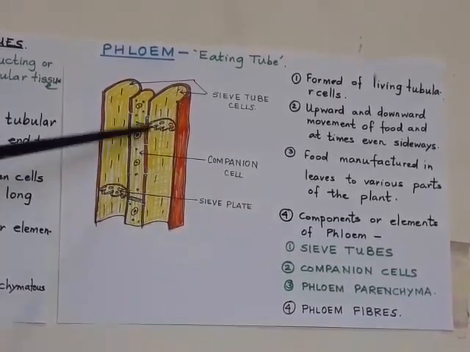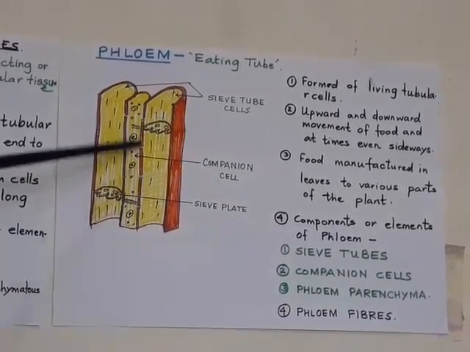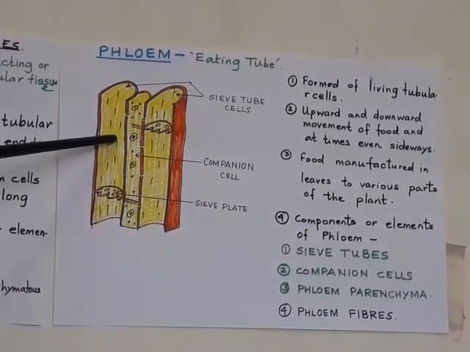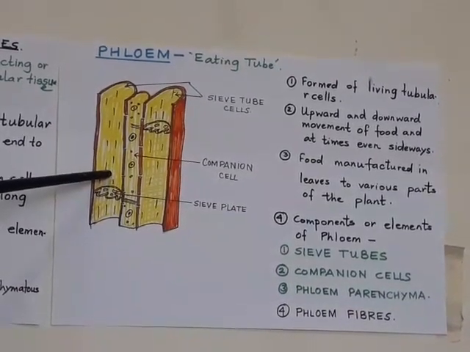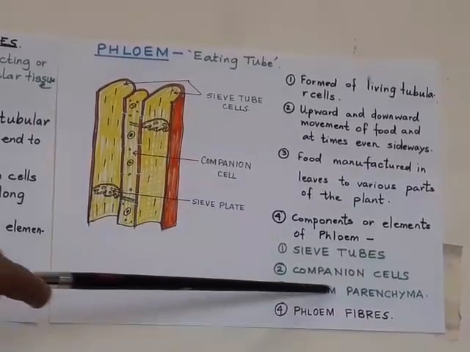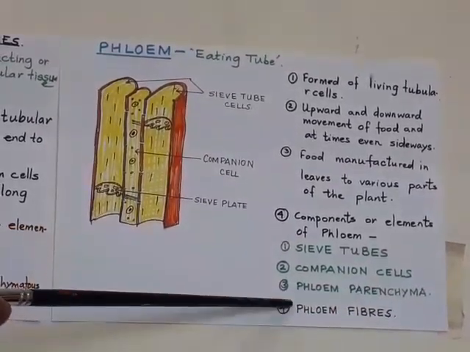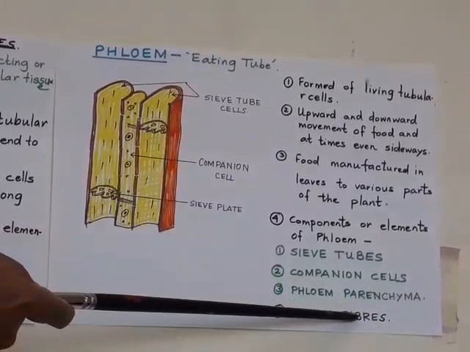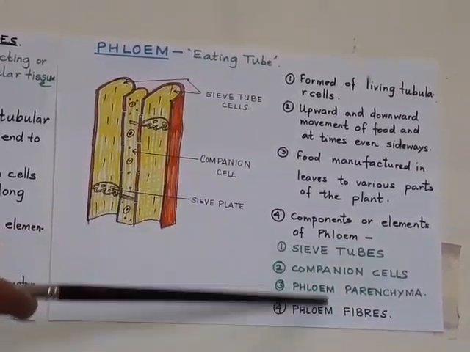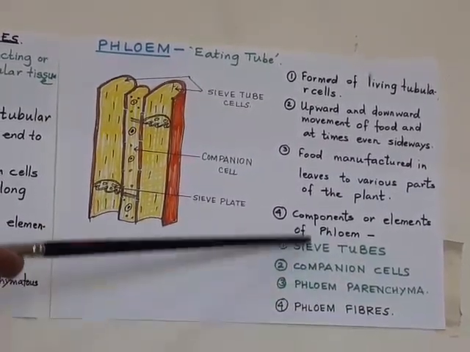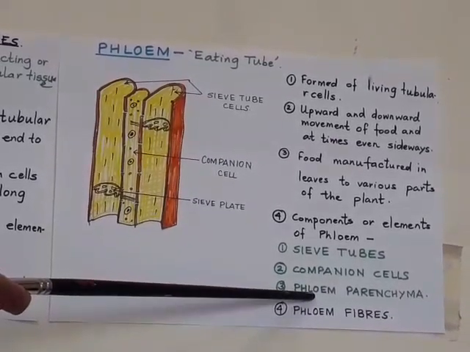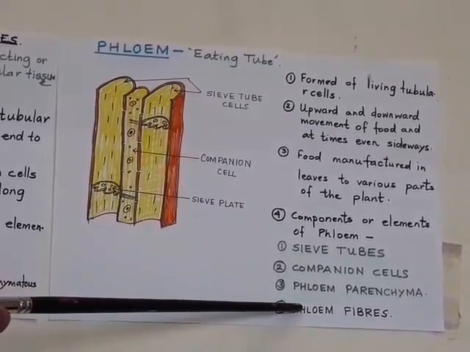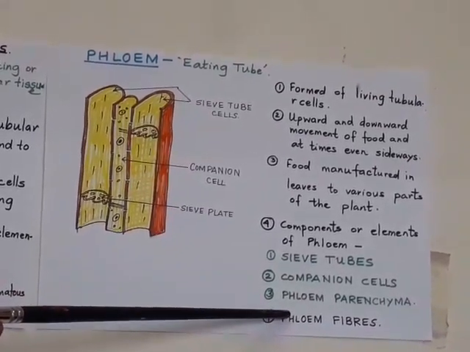So the companion cell acts as a friend to the sieve tube cells. Now the third component is phloem parenchyma, and the fourth component is phloem fibers. You can see these three components I have written in green. That means these three are living components, and only phloem fibers are the dead components.